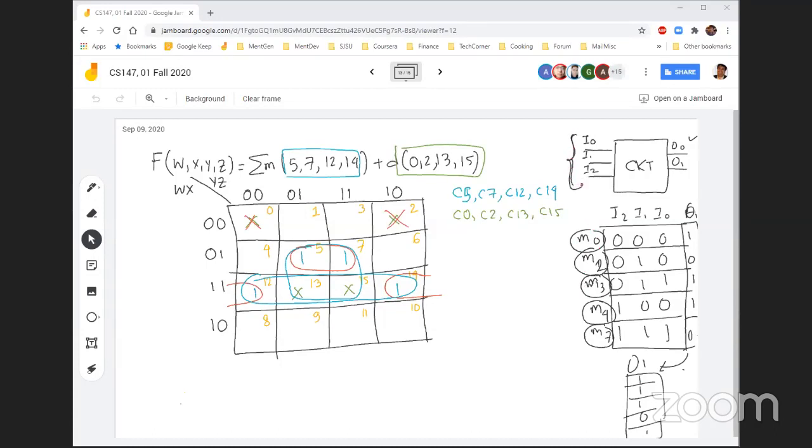That means for a 3-variable Boolean function, I2, I1, I0, equal to sigma. Let's pick up the output one, right? M0, M3, M4.